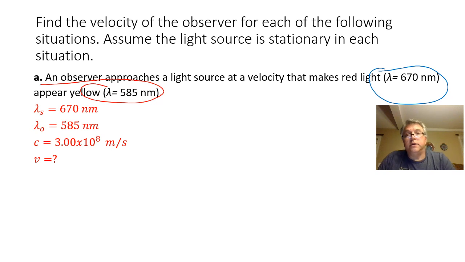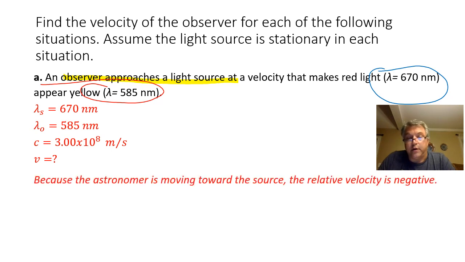Because I know that the light source is stationary, and it says that the observer is approaching the light source, the observer and the light source are moving toward each other. They're getting closer together. And because this is a wavelength formula, we have to make the velocity negative.